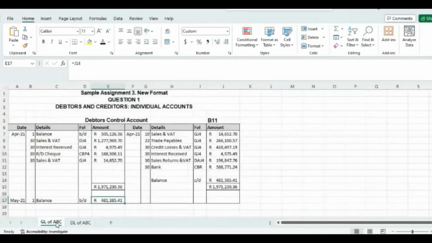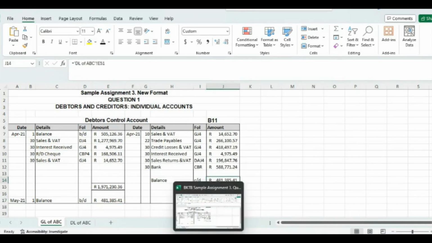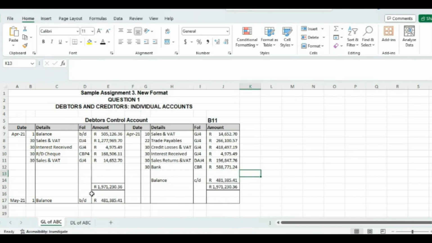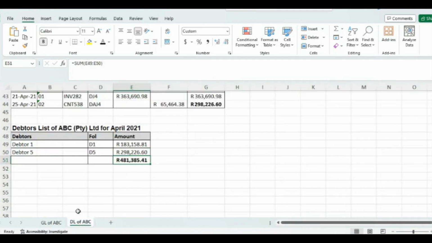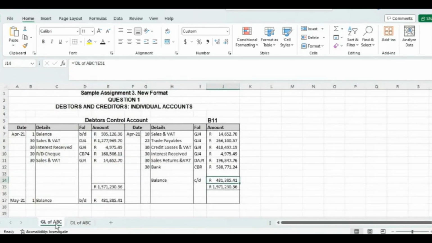If we go to our general ledger and we didn't do the individual accounts, but we only look at what is on the journals that is given to us, and we do it, we will also get to 481. So that is how you check. The amount that you get here and the amount that you get here must be the same. And of course, if they are the same, then you know that you didn't make a mistake.